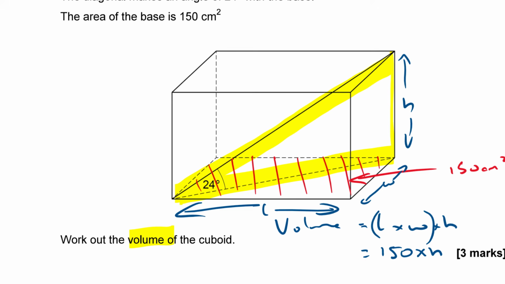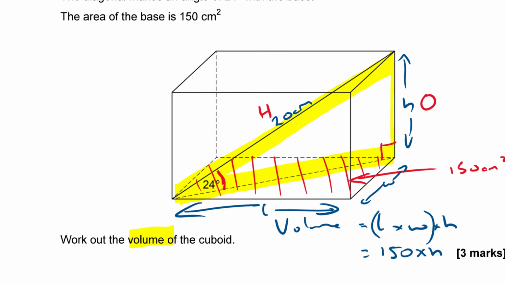Now, I don't know if you noticed, but this angle up here is a right angle. So we know the angle down there is 24, plus we've already been given the length of its hypotenuse. We're told that the length of the diagonal was 20 centimeters. So that's 20 centimeters along there. So we just need to work out then the opposite side given the hypotenuse and the angle.